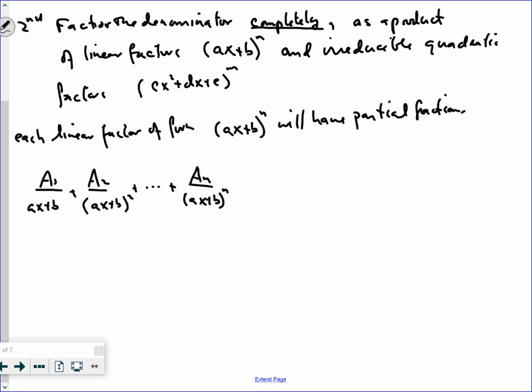So if you had a linear factor that was cubed, you'll have three fractions: a constant over your linear factor, a constant over your linear factor squared, plus a constant over linear factor cubed.